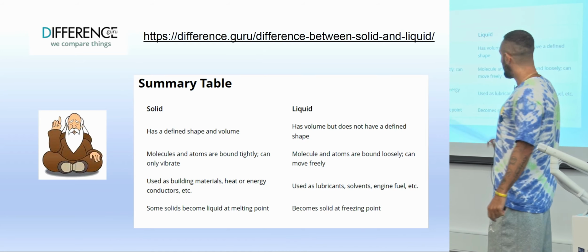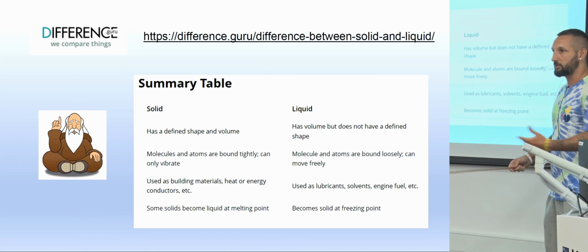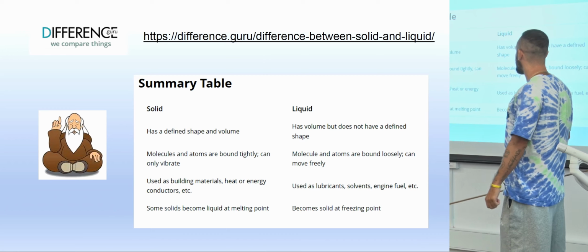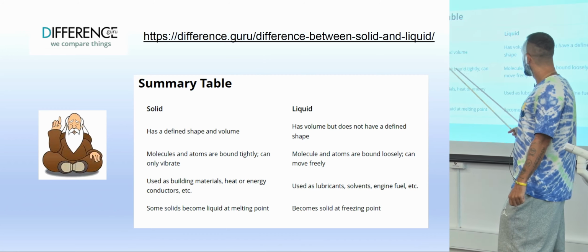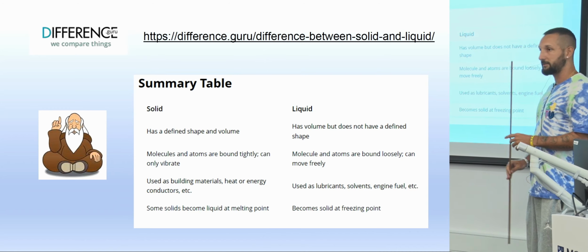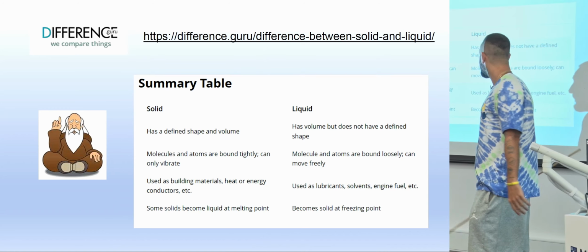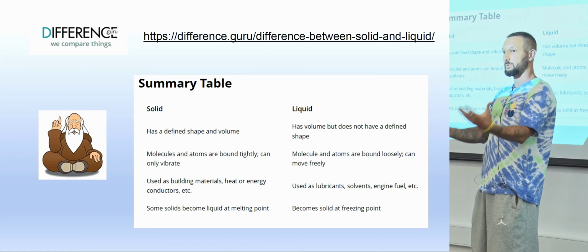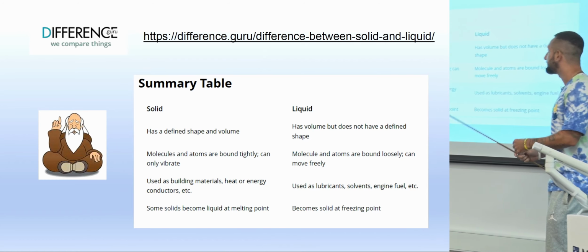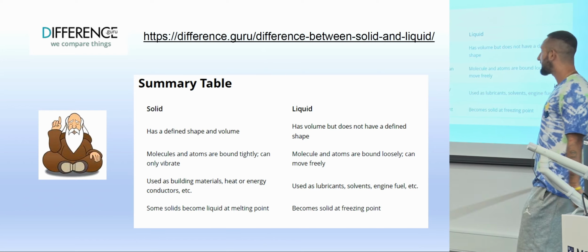Let me go very quickly through some of them, because we will discuss whether they are actually valid in the following slides. The first and maybe the simplest answer is that a solid has a defined shape and volume. A liquid takes the shape of the container where you put it. This is a property of the macroscopic properties.